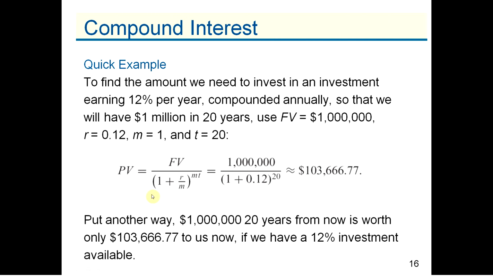Another way to state what we've just calculated is that $1 million 20 years from now is worth only $103,666.77 to us now, if we are able to invest at 12%.